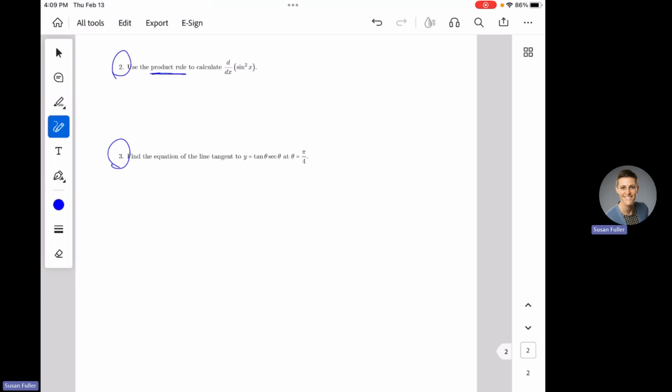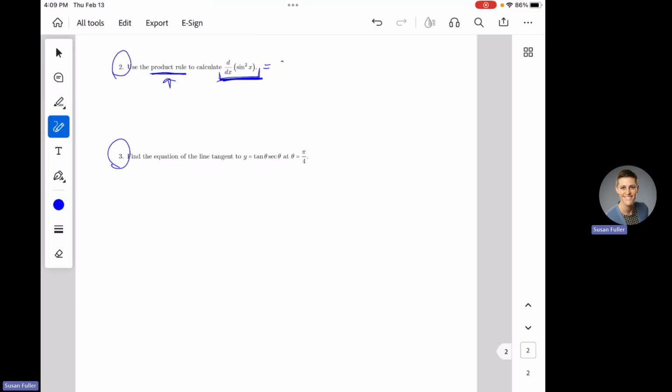the product rule. I want to use the product rule to calculate the derivative of sine squared of x. Okay. Well, let's think about how to do this. So a product rule, when do we use a product rule? Yeah, it's when we have stuff with x's times stuff with x's in it. But I don't see that, so we're going to have to rewrite this a little bit.